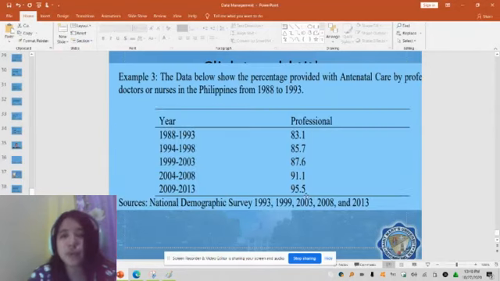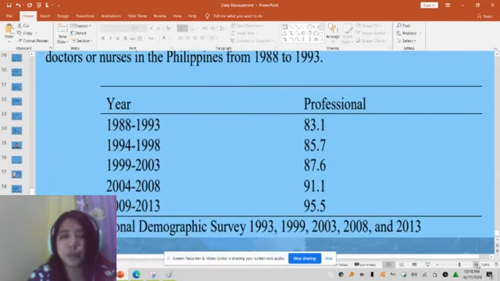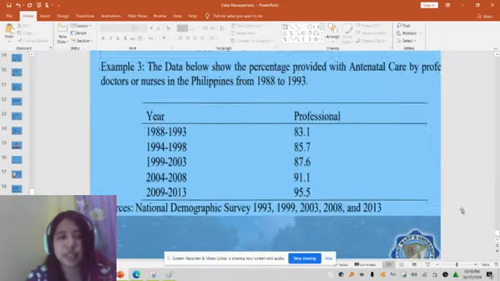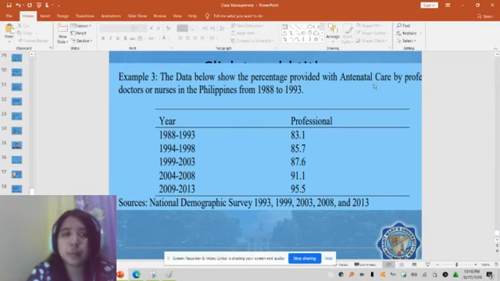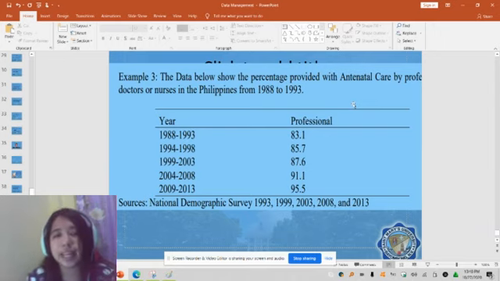So the next one, we have to compute, so what is this data first? The data below shows the percentage provided with antenatal care by professional doctors or nurses in the Philippines from 1988 to 2013.